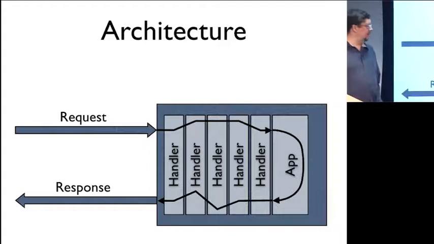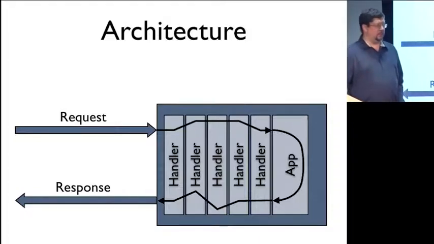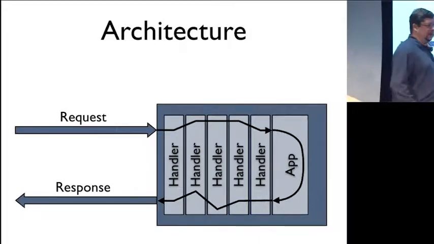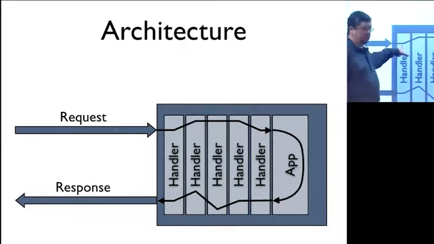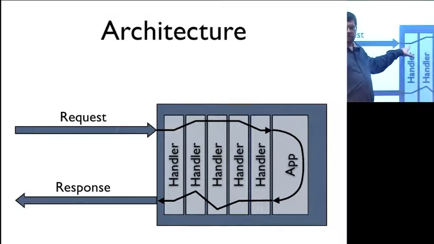You've probably already figured out that these handlers are nothing more than one function calling another. And that's the way this is implemented. It's a series of nested function calls. This handler is called with the request object as its parameter.